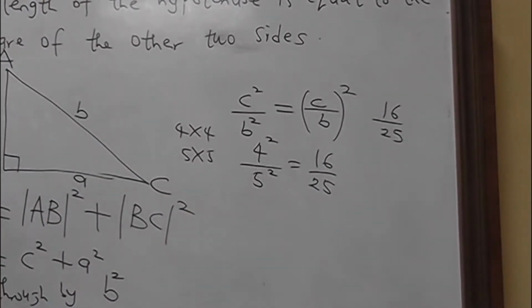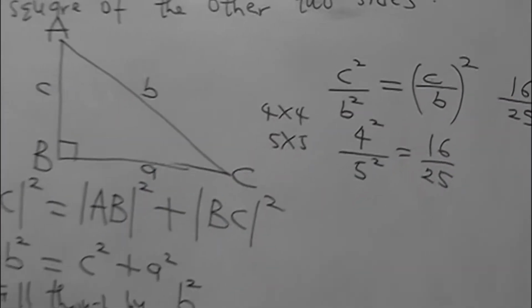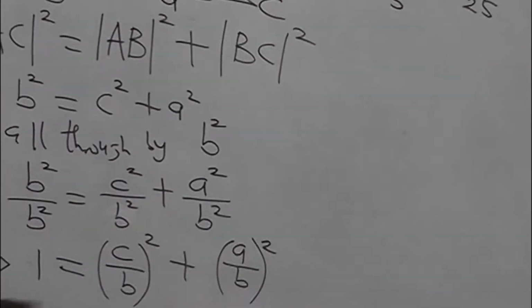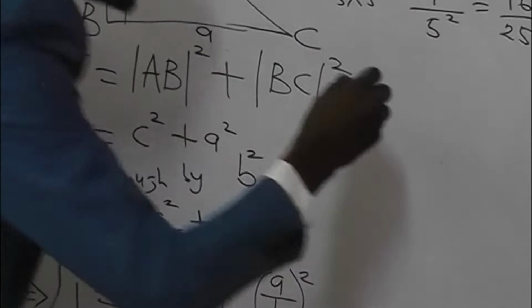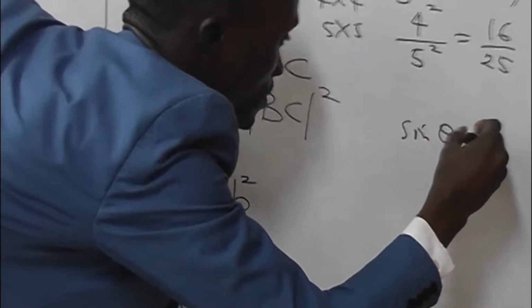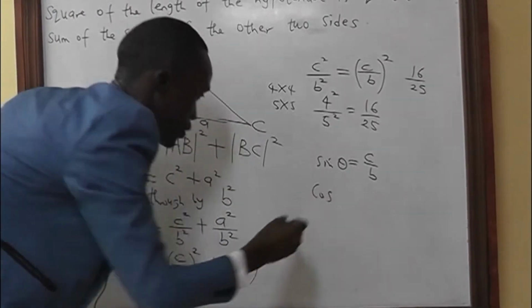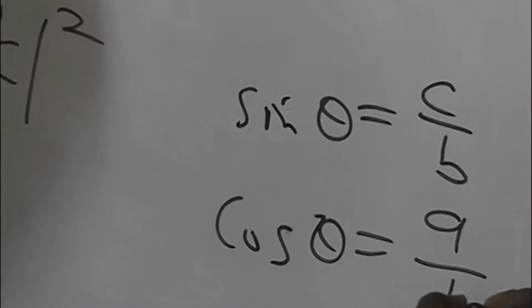Then from there, we have c over b raised to power 2, plus a over b raised to power 2. And from what I derived earlier, sine theta is equal to c over b, and I was able to derive this too, that cos theta is a over b.